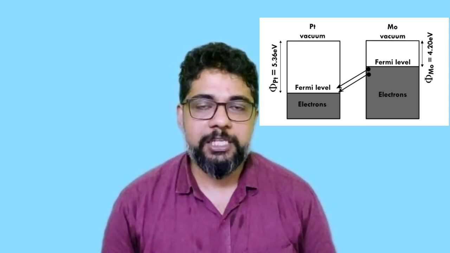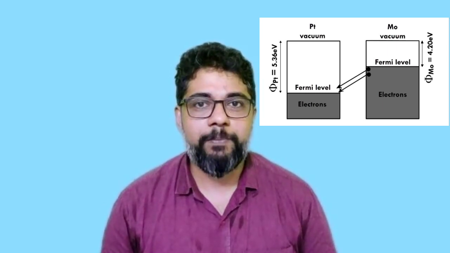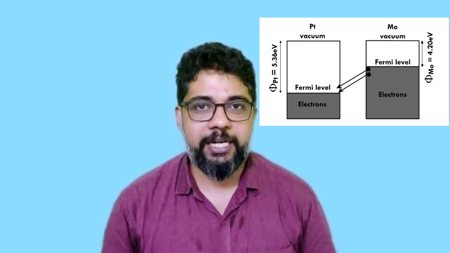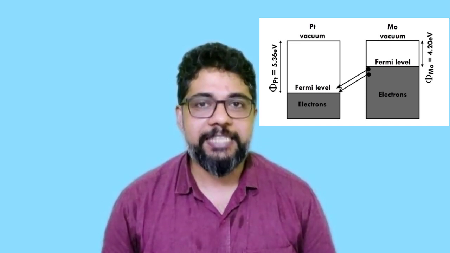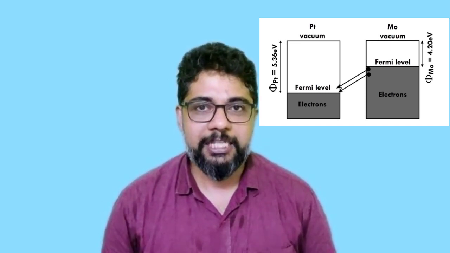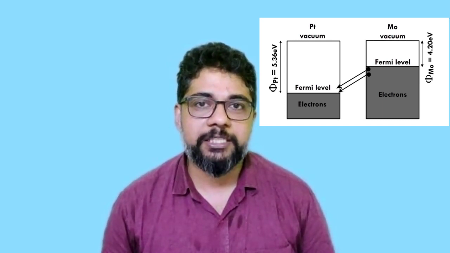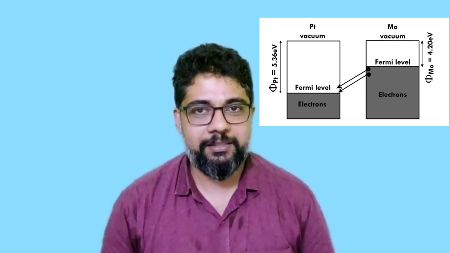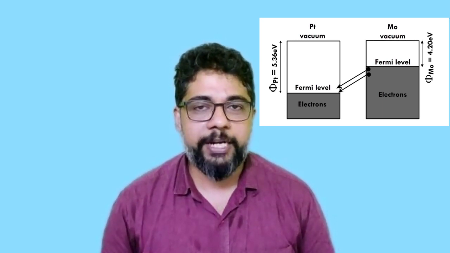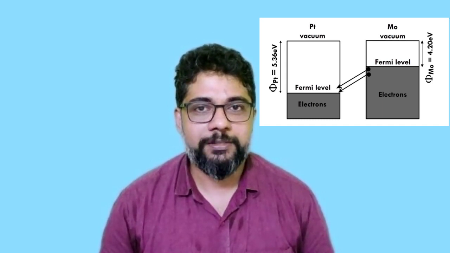Because of these positive charges, there will be a contact potential generated at the junction. This contact potential will be the difference of the work function of these two materials. In this case, the contact potential will be 1.16 electron volt.